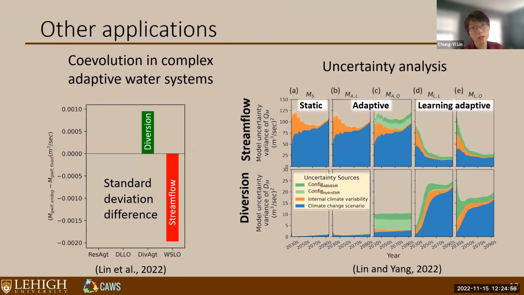And HydroCNHS is also a great tool for other advanced applications. For example, it can be used for exploring the coevolution between natural and human systems, as well as uncertainty analysis. And feel free to check our publications to see more details.